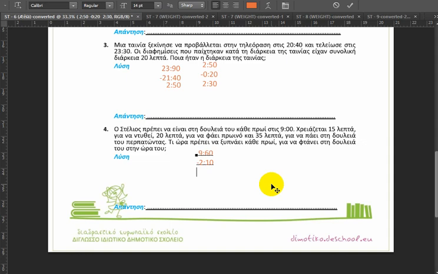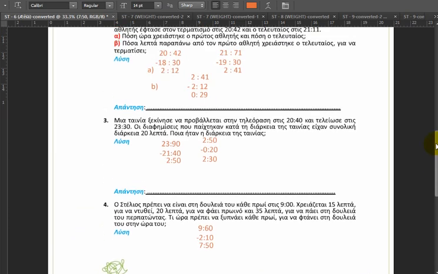So we're going to have this now. 60 take away 10 would give me 50, and 9 take away 2 would give me 7. So they need to wake up at 7:50, at 10 to 8, basically, is how I would say this time. 50 past 7 if you don't want to complicate things.